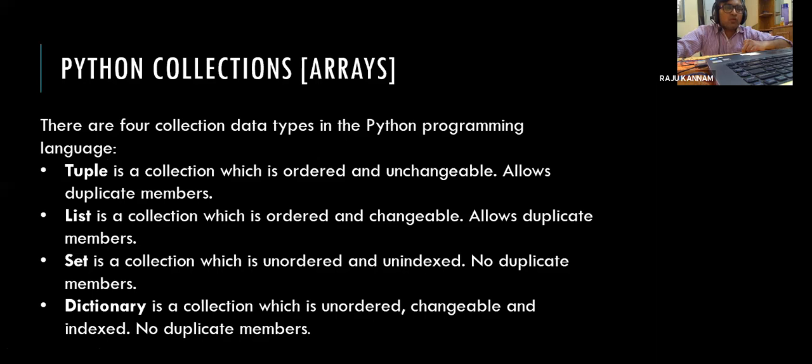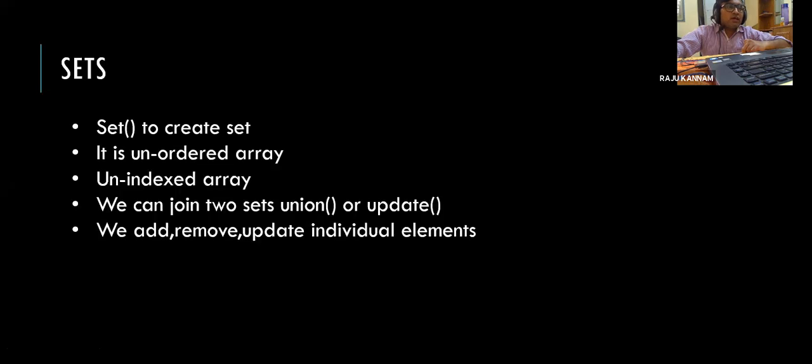Sets won't allow duplicate members, right? So now here again, like the normal constructor in case of list as well as tuple, we have the constructor called set for this set class, right? By using that we can create, or by using the flower brackets also we can create the set. And here the order of the elements is not maintained. Every time it will change the order, that we will see in the program, how it is going to change, right? And indexing is not there in the sets, right? So of course you can join the sets by using functions called union and update. Okay.